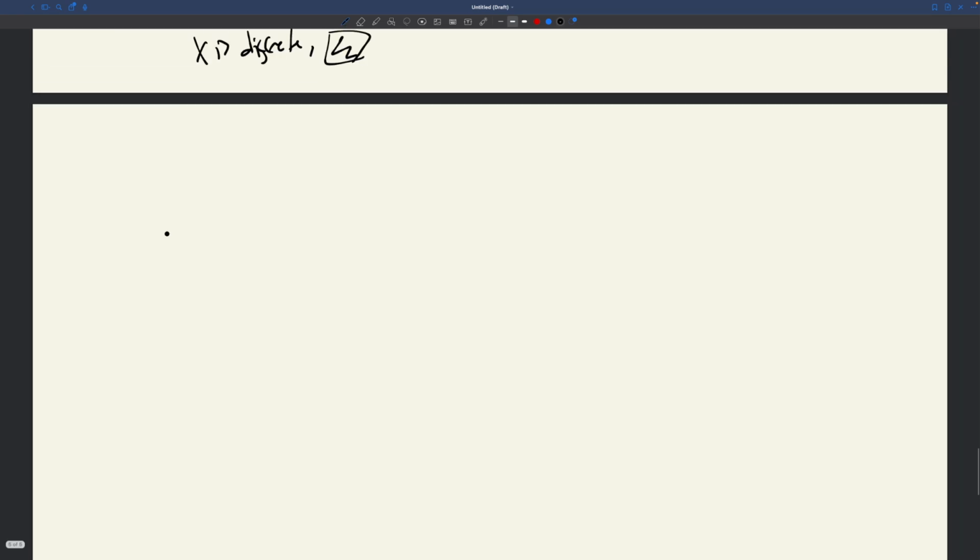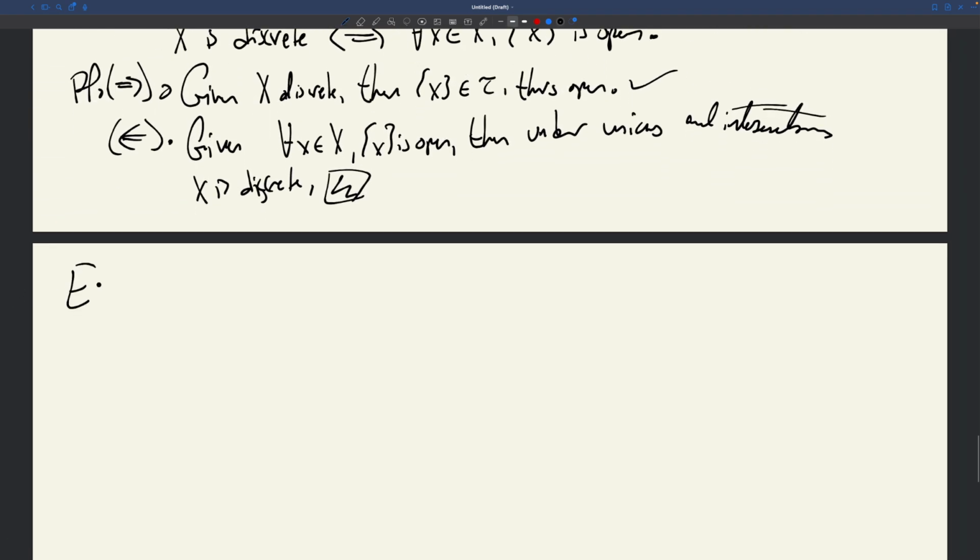All right, and this is a pretty well-known topology. It's a really beginner form of topology. Funny enough, it does have a name. It's called the Sierpinski topology.